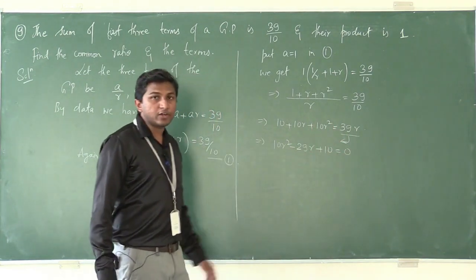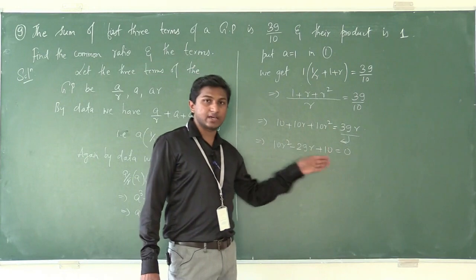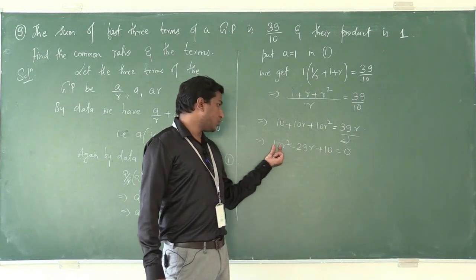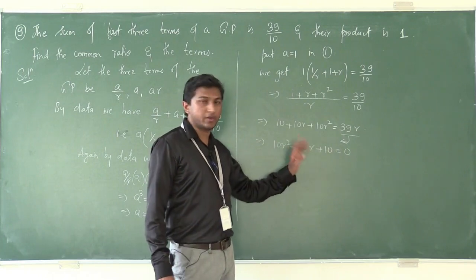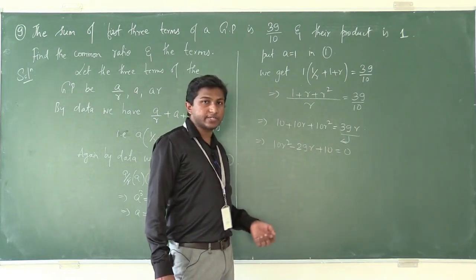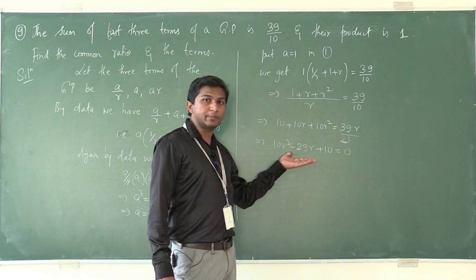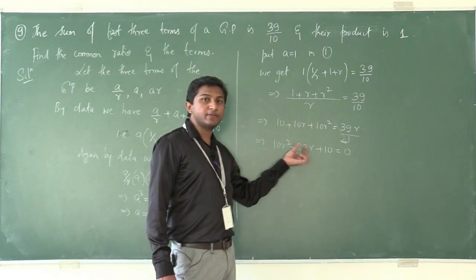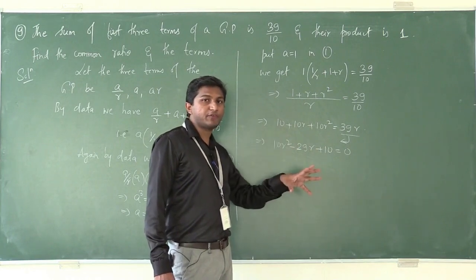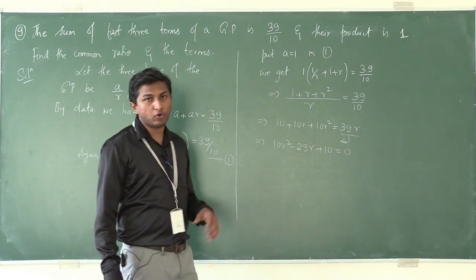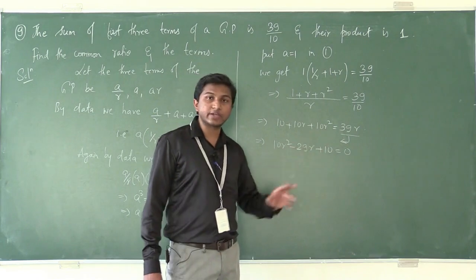Now we will find the factors for this quadratic equation. I have to multiply these two, we have 100R square. So what might be the factors? The factors will be minus 25R and minus 4R. Minus 25R into minus 4R gives us 100R square.